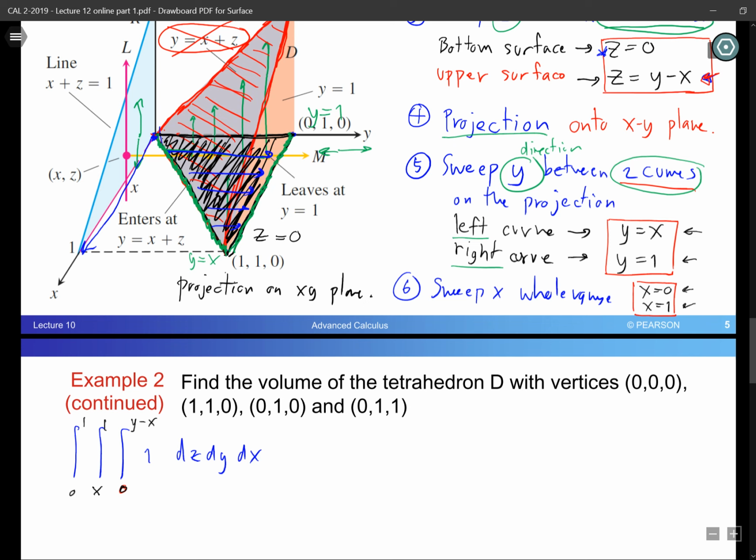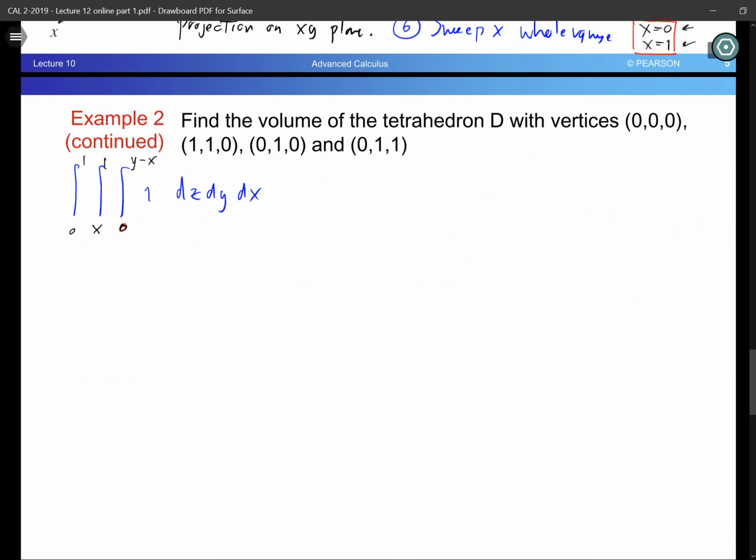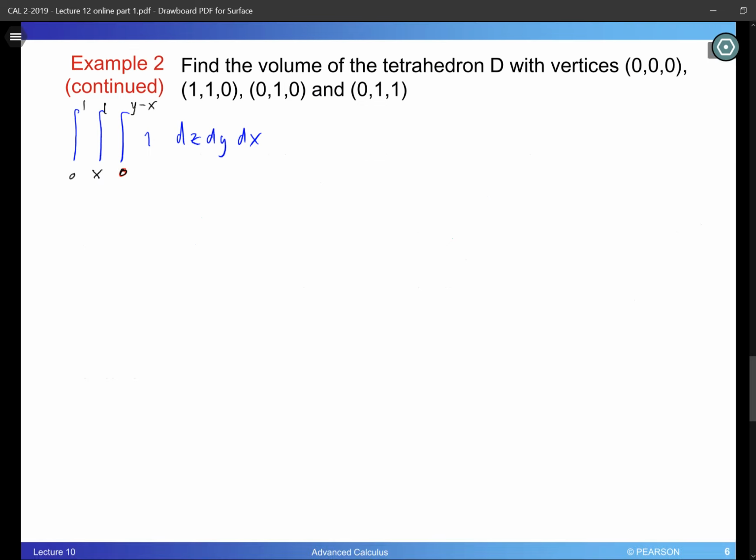Now that everything is in place, it's just the integration. And it's going to be even easier than the previous example at this point, because the function itself is easy to work with, right? Just 1 here. So let's work on this one. Integrate 1 with respect to z, so you get z. We have to evaluate this at z equal to 0 and y minus x. And don't forget the 2 integrations in front, 0 to 1 and x to 1, dy, dx.